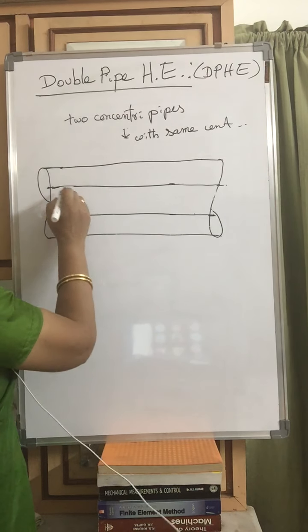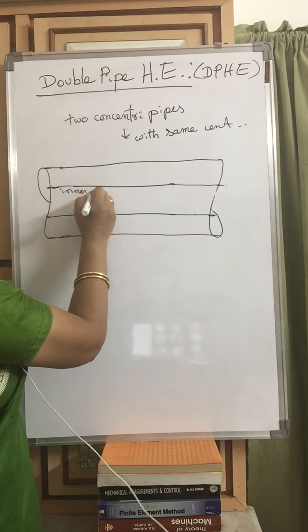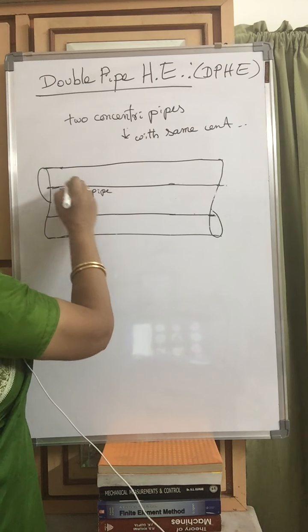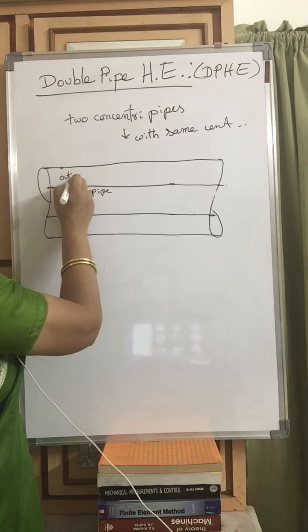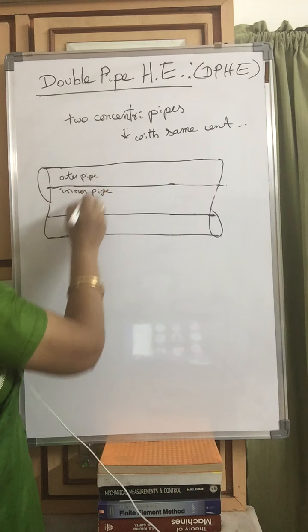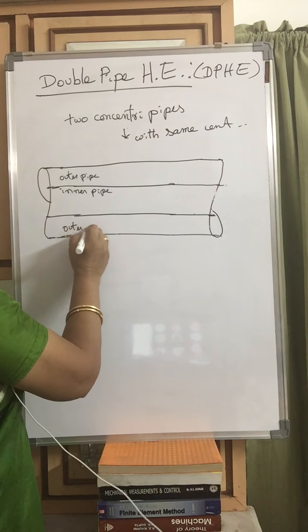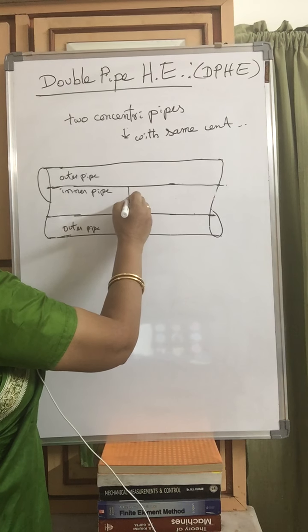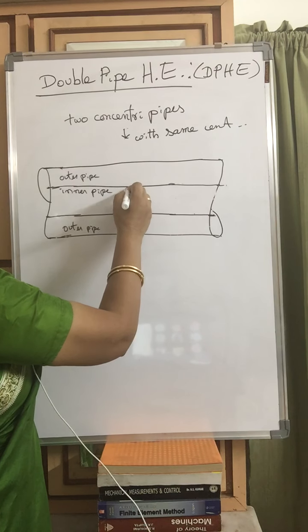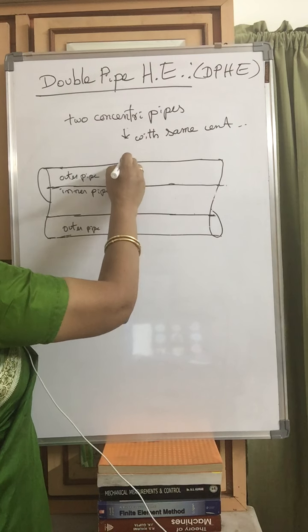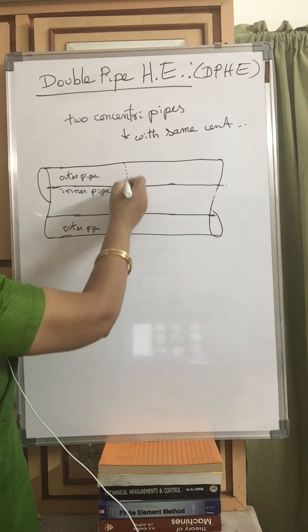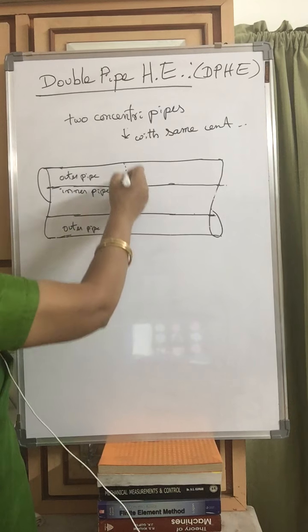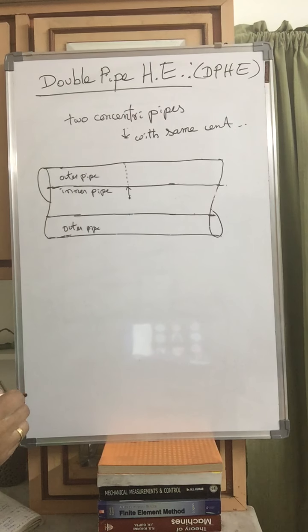Like this we will have an inner pipe and an outer pipe. The center is the same here. This is the inner radius of the inner pipe and this is the inner radius of the outer pipe.